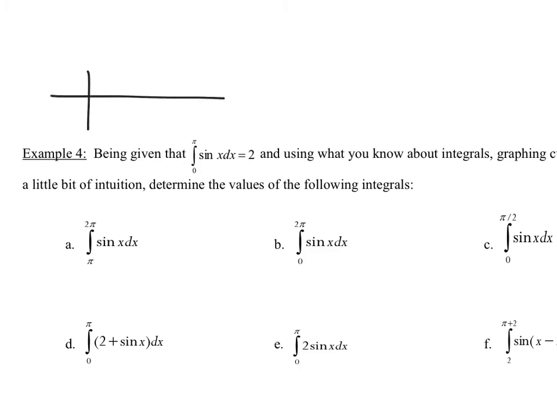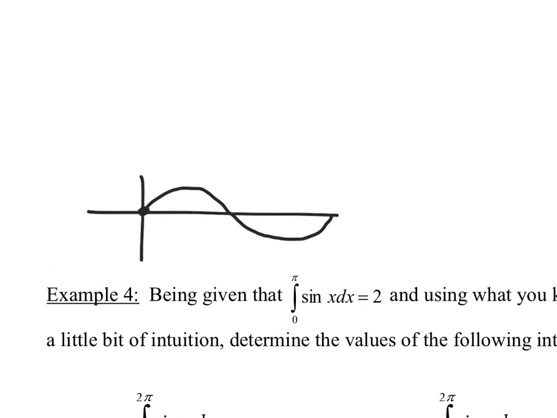I'll do it over 0 to 2 pi, just to get the full wave. They're telling us from 0 to pi, which would be the halfway point, that contains an area of 2.